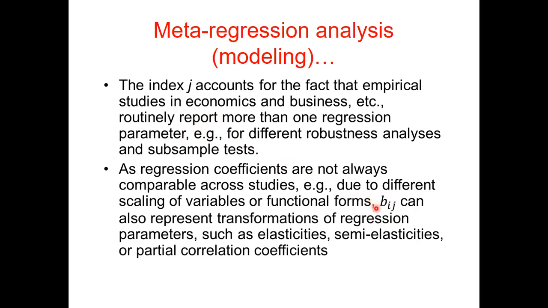So that's why we have β_ij. Otherwise, we would have said β_i if we took one regression from each study. But now there's a possibility of one or more regressions from one study. So you have an extraction of one beta or more betas, etc.